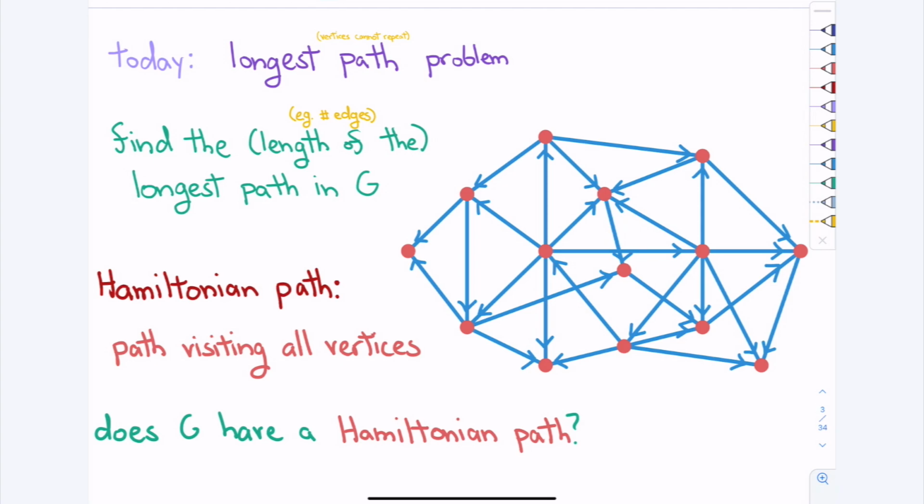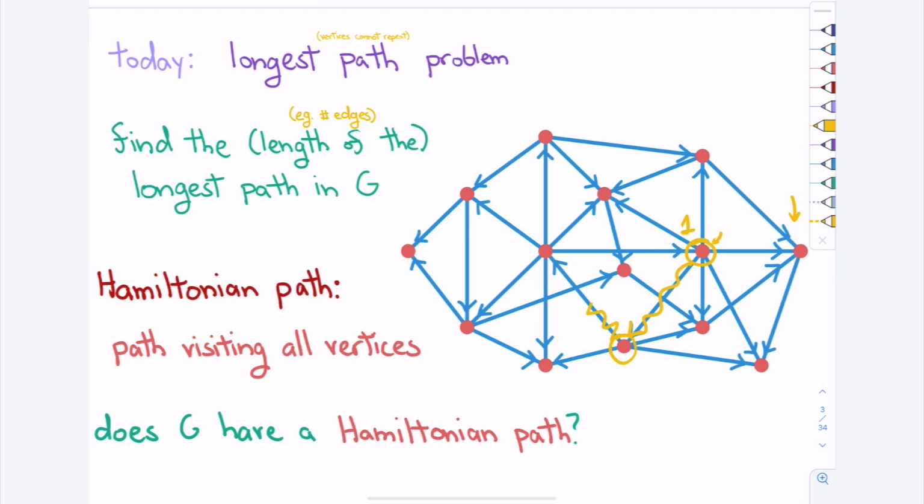Let's see if there does exist a 9. Tell me what your length 9 path looks like. Where should I start? So you see the farthest right node? Just to the left of that. Yes. Okay, I'll start here. So then you go diagonal down and to the left. Diagonal up and to the right.